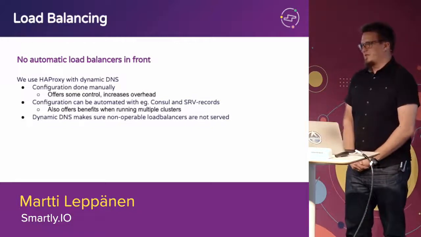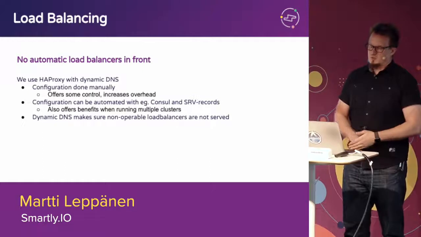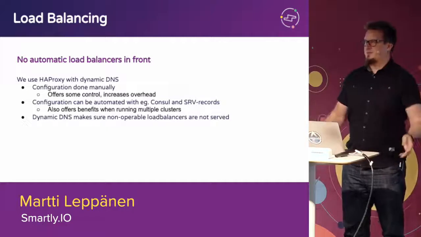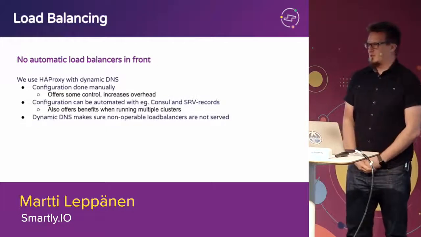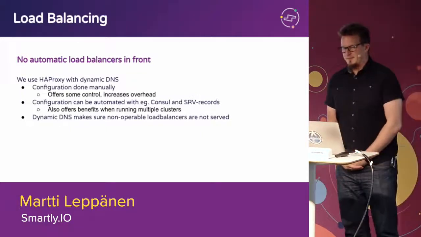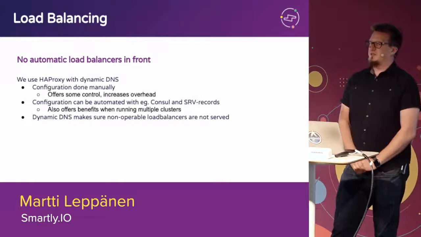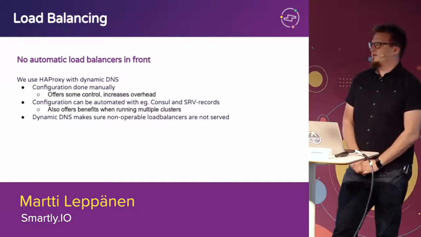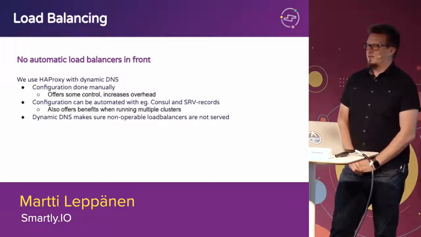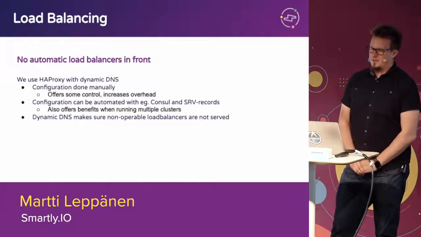And obviously, if you're running multiple Kubernetes clusters, then you can have the load balancer shift the requests to the right place according to the configuration, which is also a very nice benefit. And we're also using dynamic DNS for the HAProxies, so that if for whatever reason some load balancer is down, we're not serving that particular IP address from the DNS, and we can be quite sure that our HAProxy cluster is up and running and all the services that are there are reachable.